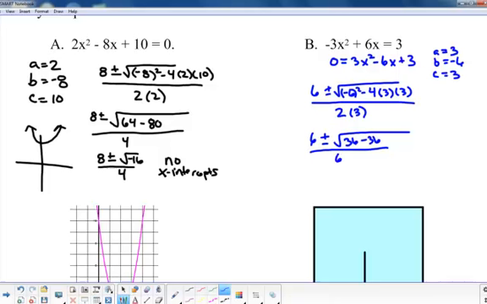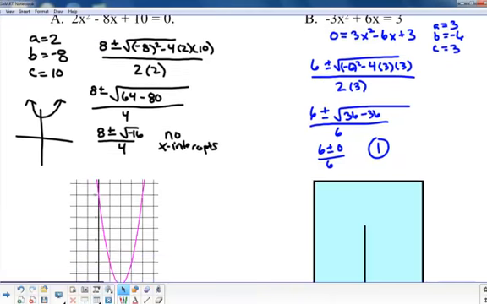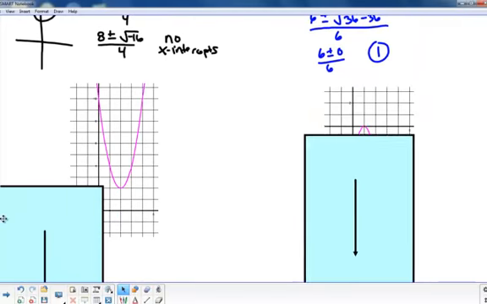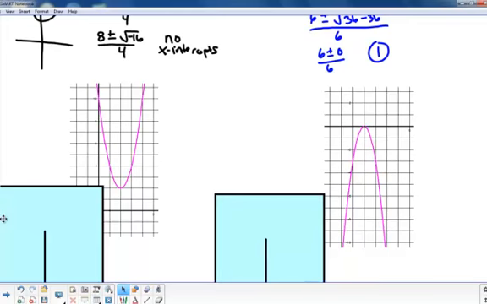So under the square root we get a 0. So we only have one x-intercept, and that would be 1. So our graph would touch the axis only once. That would also be the vertex because there's only one x-intercept.